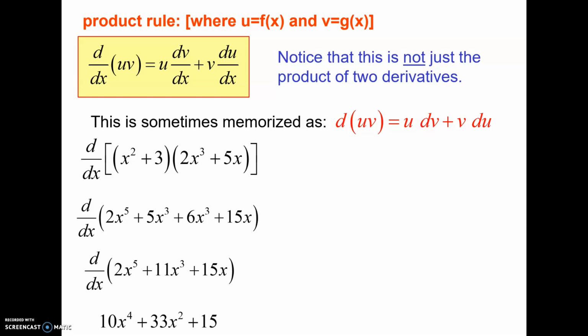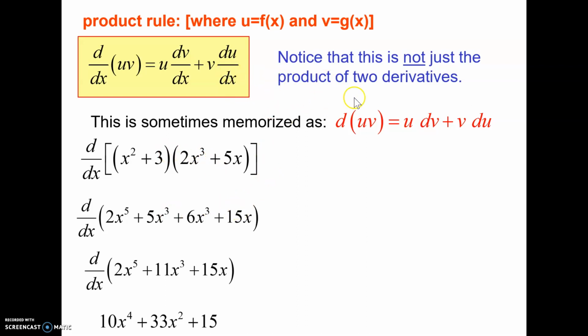Now notice if you just took the derivative of the first function, which was 2x, and just took the derivative of the second function, which is 6x squared plus 5, and then multiplied them together, you would not get the correct result. So again, when we have the product of two functions, it is not just the derivative of each multiplied together. That is wrong.